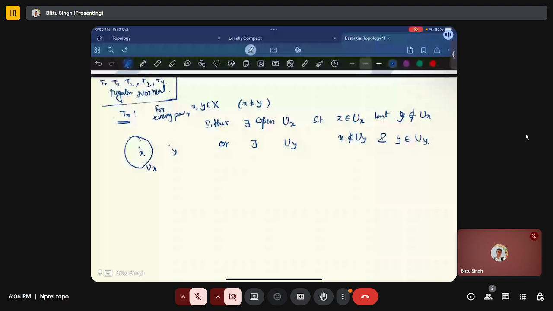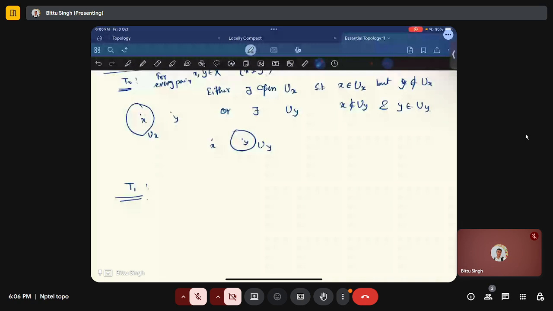Now what is a T1 space? It is a similar kind of thing, but in this case, instead of either-or, this will be and. There exists an open set Ux which contains x but does not contain y, and there also exists another open set which does not contain x and contains y.